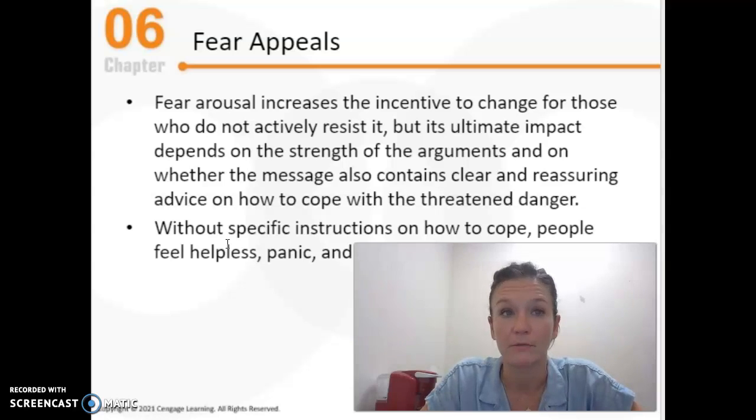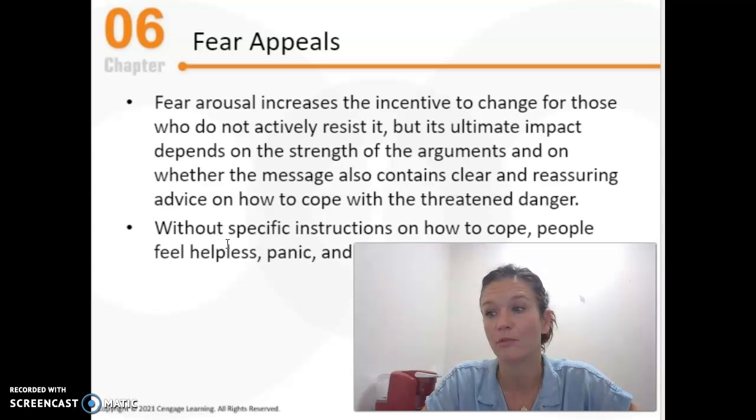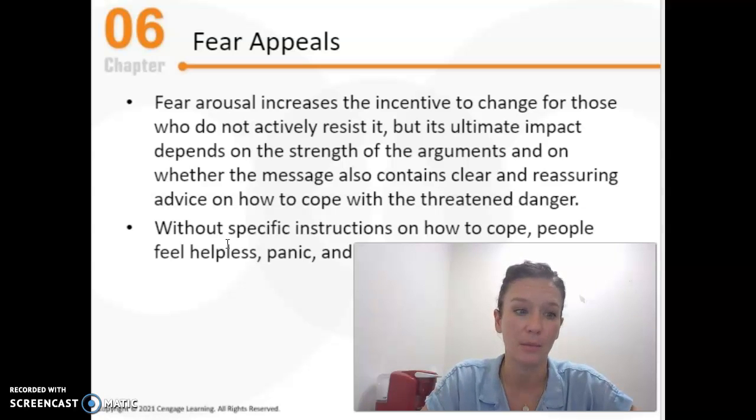Some people react in fear and they wear the masks. Some people wear masks because they want to be respectful to others. Other people refuse to wear the masks because they feel it's an infringement on their rights. And some people refuse to wear the masks because they refuse to acknowledge the fear. So fear appeals will work with some people. You need to know your audience.